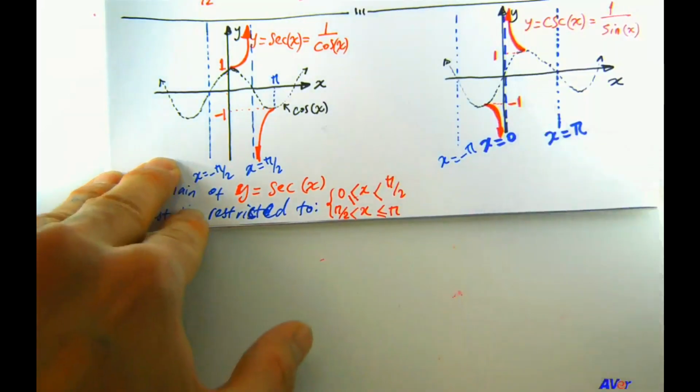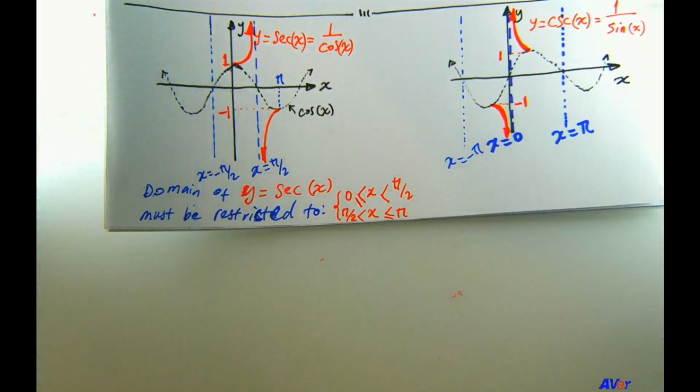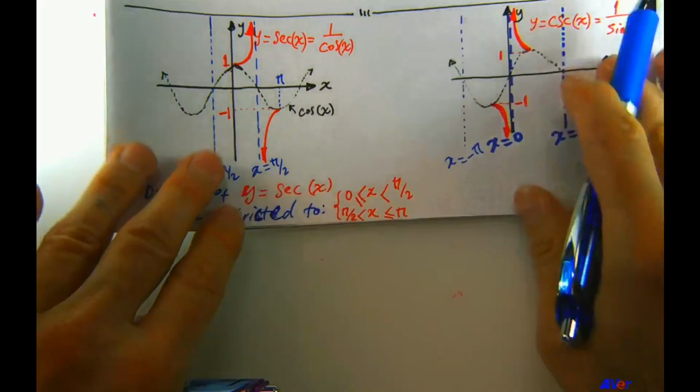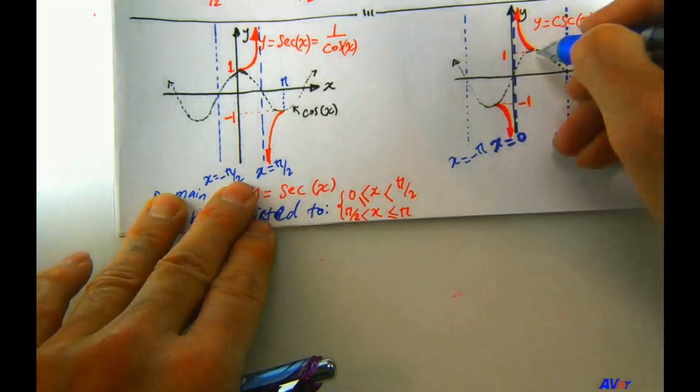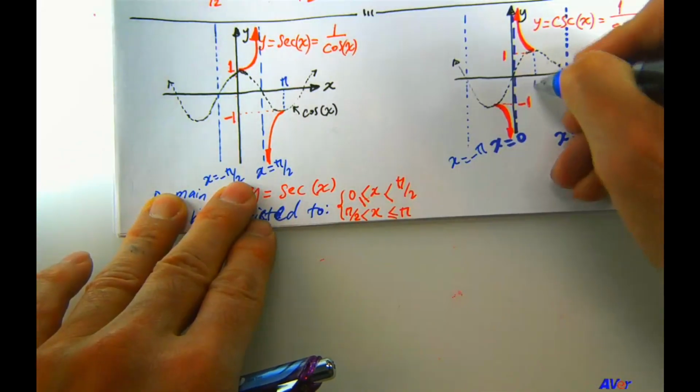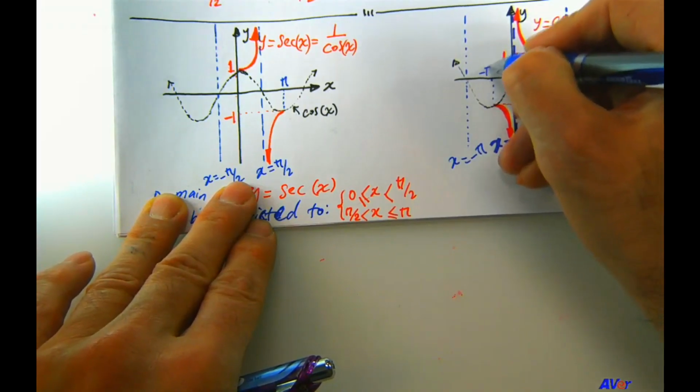Now that we've figured out where the cosecant function should be limited graphically, let's write down the restriction for this domain, because this spot right here should be pi over 2, which means this spot should be minus pi over 2.